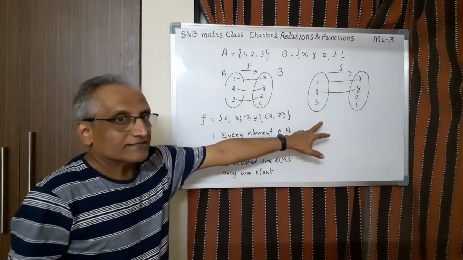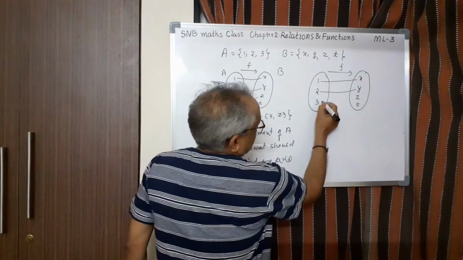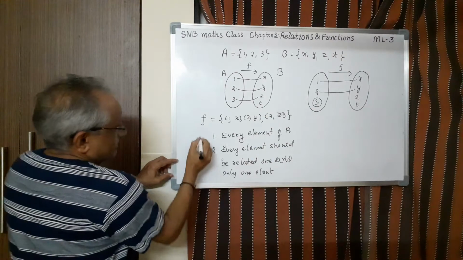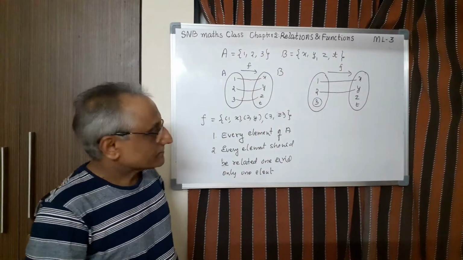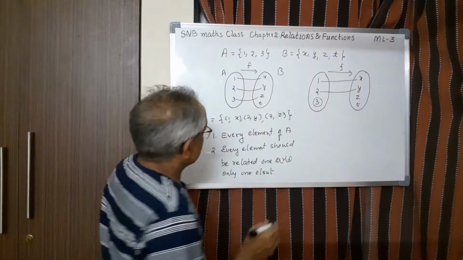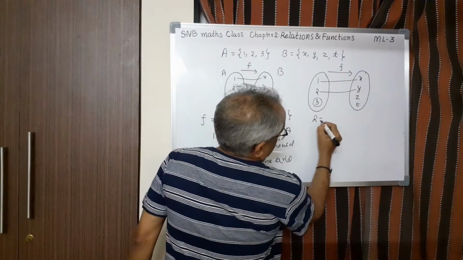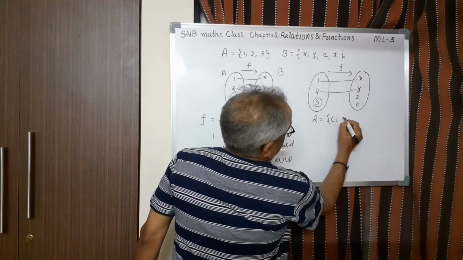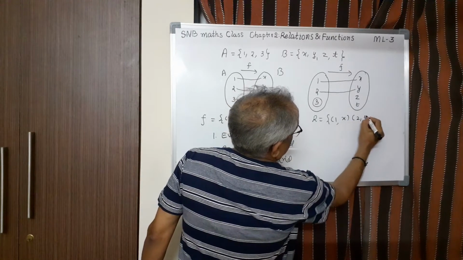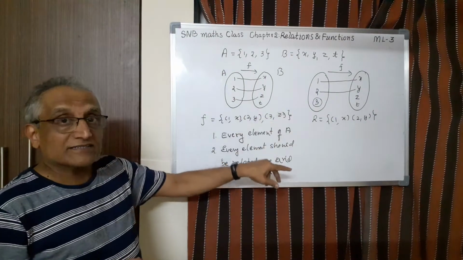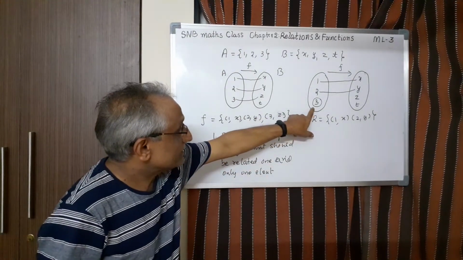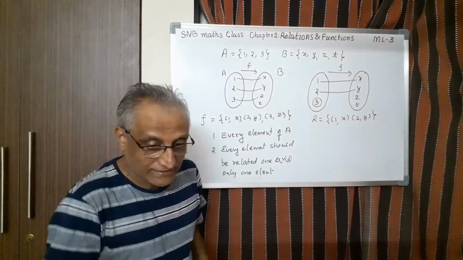This is not a function because this 3 is left out. The first condition, every element of A, is violated. So this is a relation. See here, if you take r equal to 1x and 2y, definitely it is a relation. But it is not a function because one element here is left out. So this is one thing.